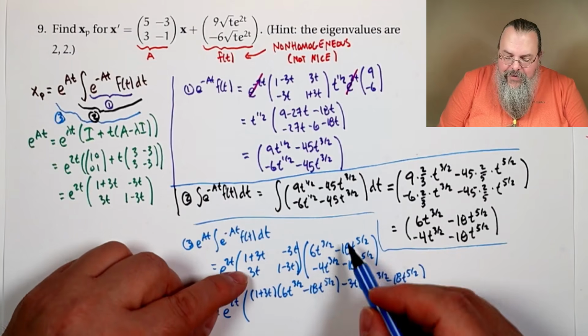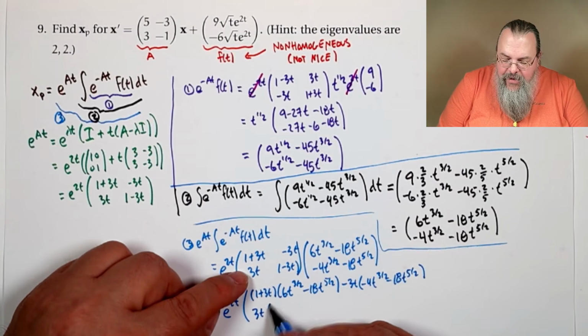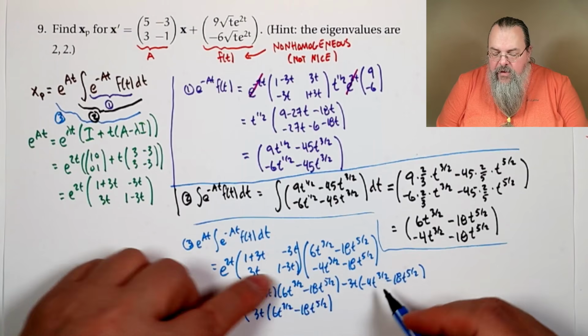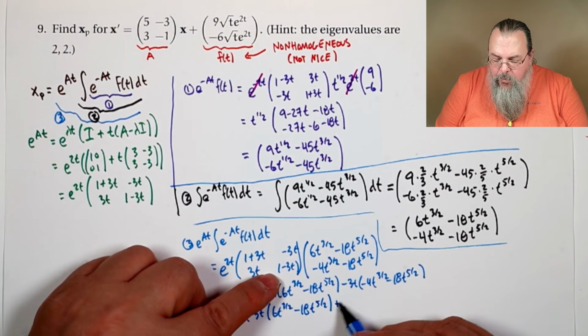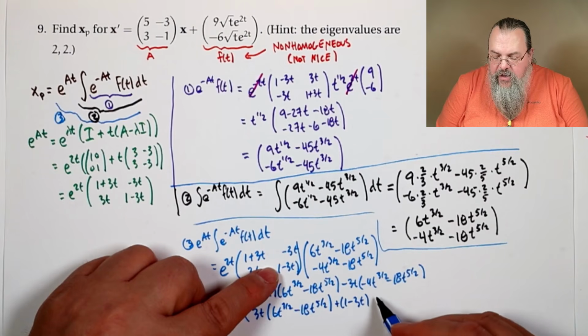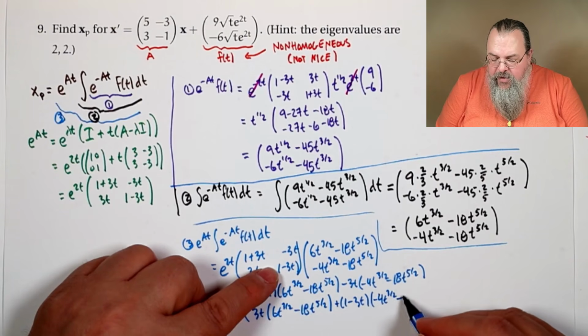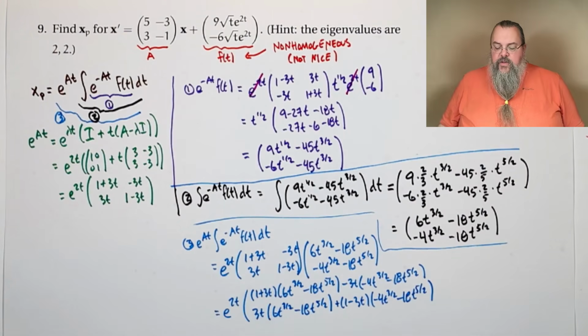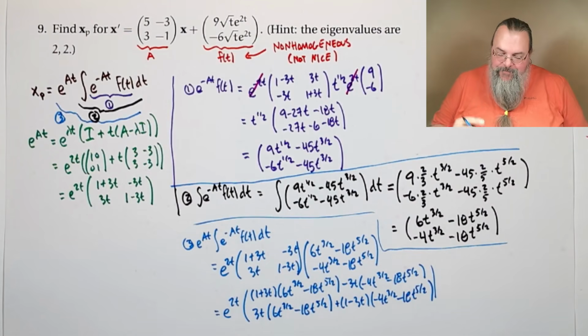Okay, 3t times 6t to the 3 halves minus 18t to the 5 halves. And then there's going to be a 1 minus 3t times minus 4t to the 3 halves minus 18t to the 5 halves. All right, now we're going to clean this up.